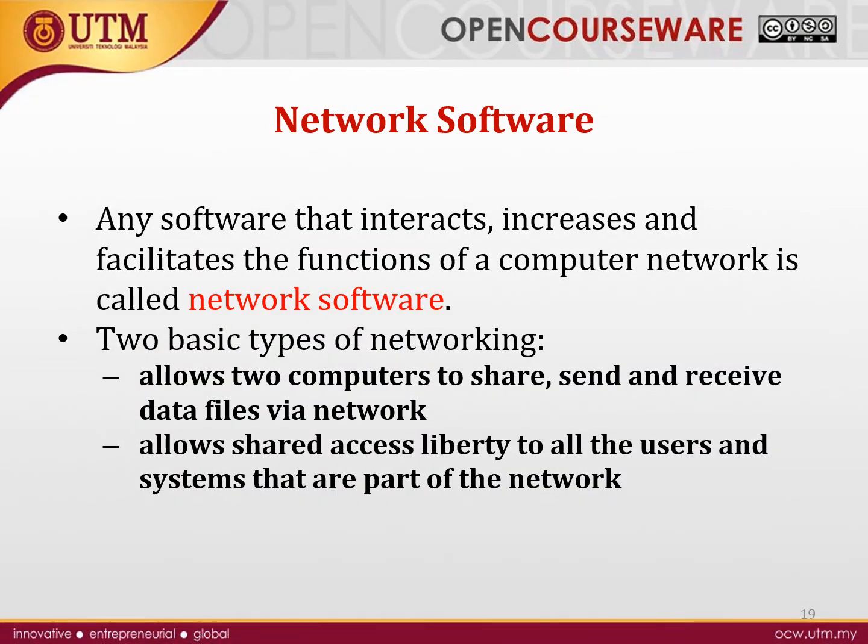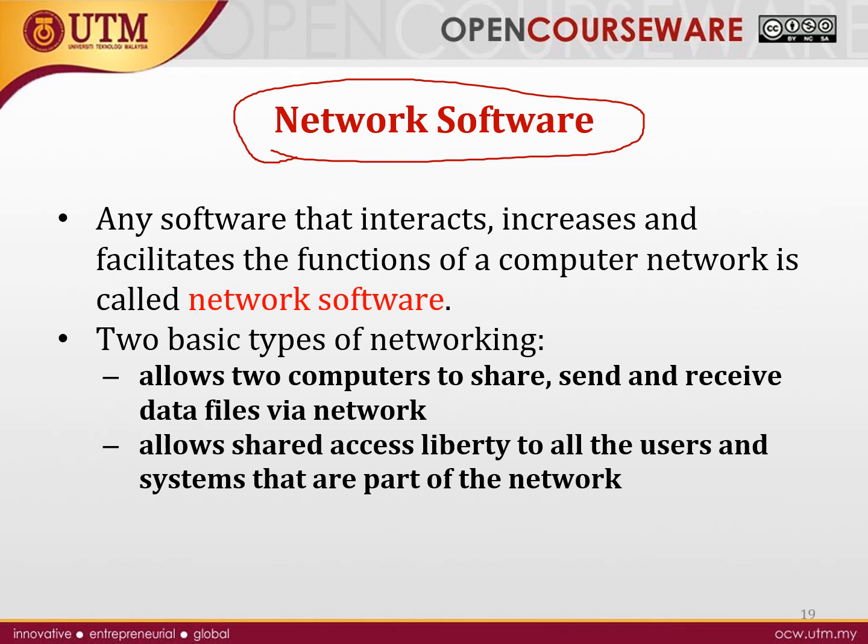We have talked about the hardware of the network cable, tools and accessories. Now we have network software. The main purpose of software is to interact with and increase the facilities and the functions of the computer network, which is called network software.